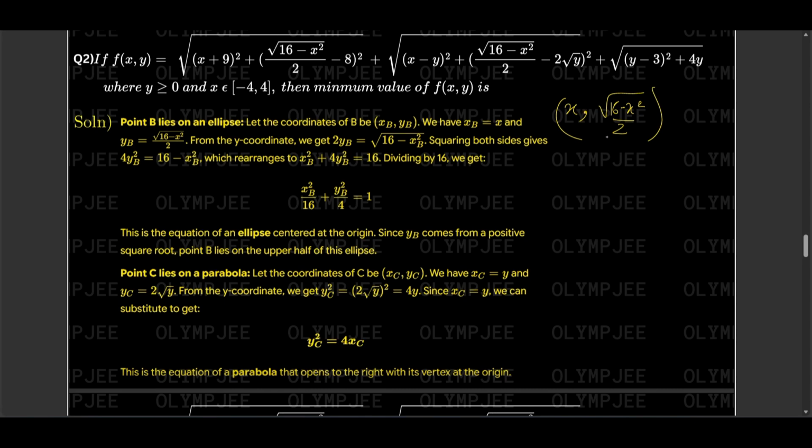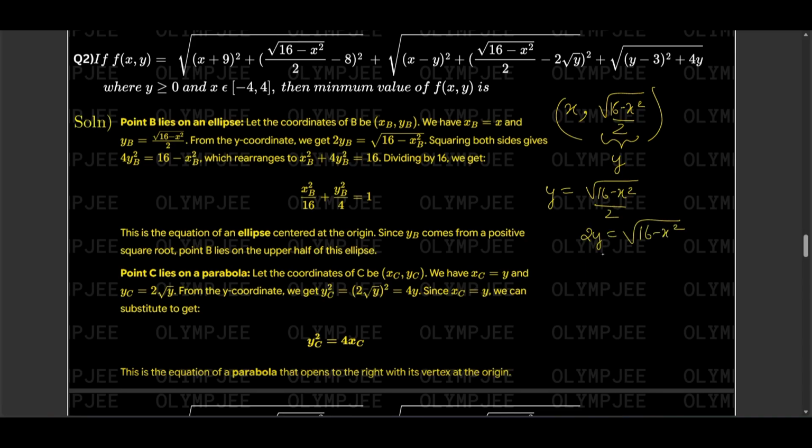Why? Because if we take this as y, then y will be equal to root of (16 minus x square) by 2, which will give us 2y is equal to root of 16 minus x square.